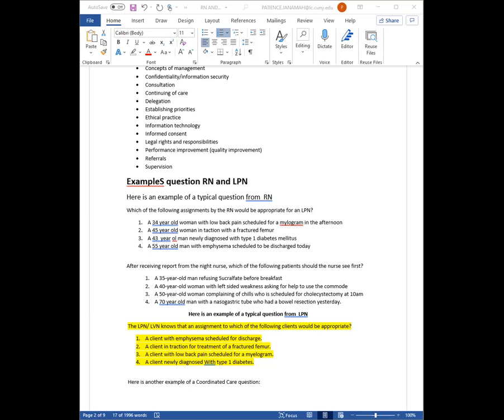It's not the LPN. Now, the patient number 3, a 43-year-old male, newly diagnosed with type 1 diabetes. Gertrude, what will you do for this patient?